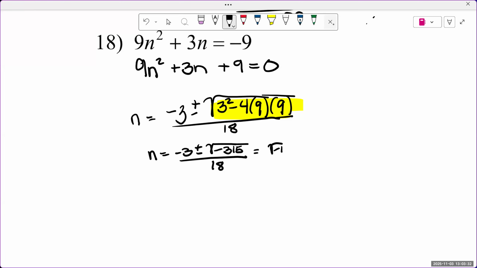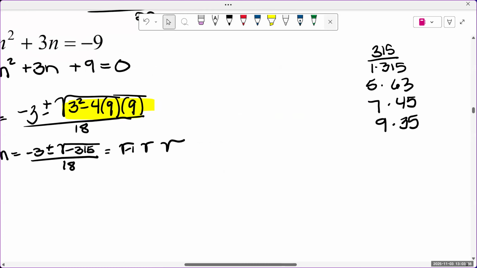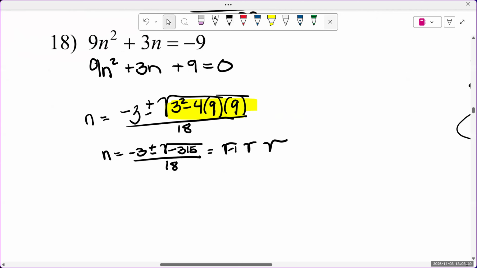So we have -1. Let's see if we have any factors of 315 that are perfect squares. So we see that 315 is 9 times 35. 9 is a perfect square.